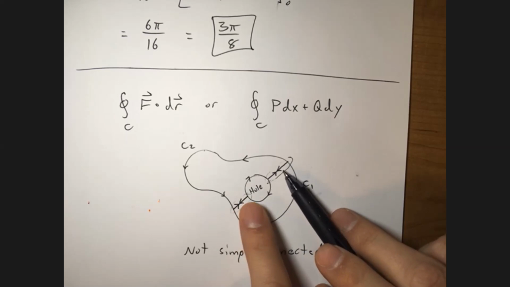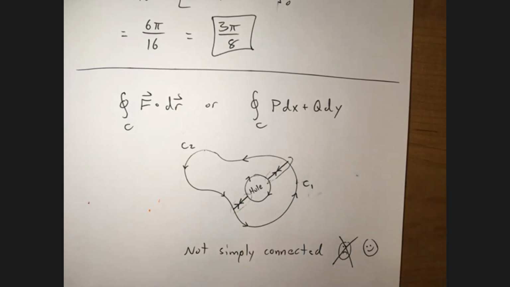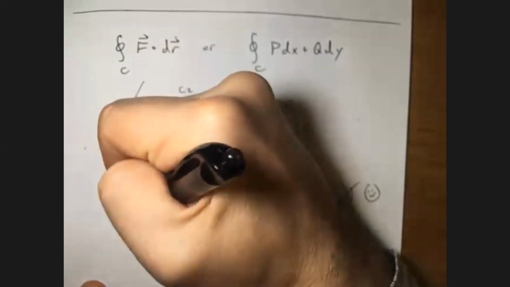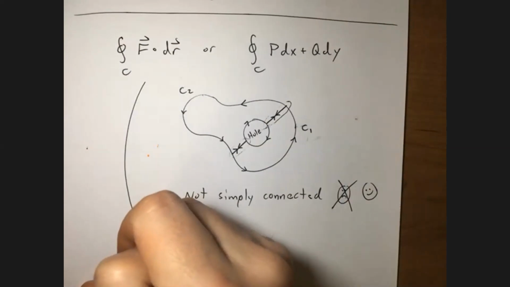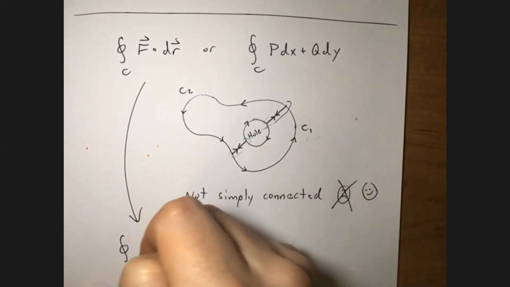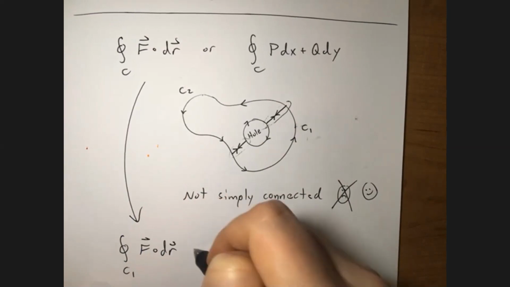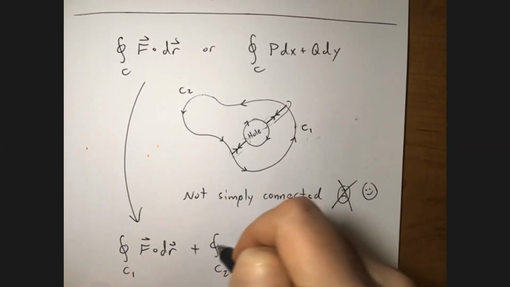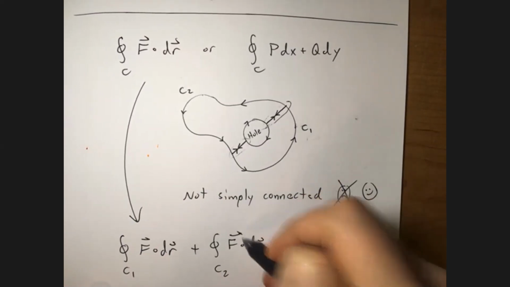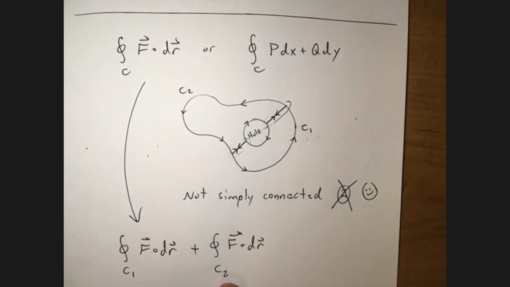So I can integrate over this region, provided I cut it like this. What this says is that I can rewrite this as an integral along C1 plus the integral along C2. And now Green's theorem does apply.